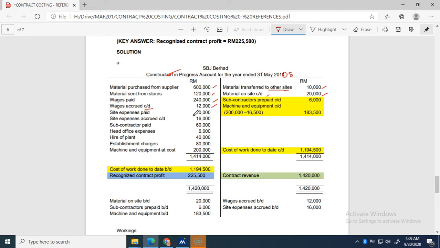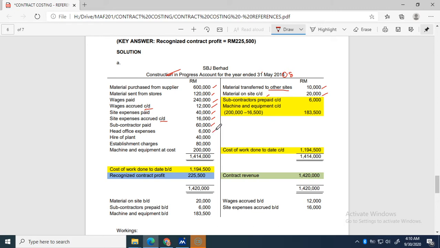And then site expenses paid is 40,000, also accrued as at 31st May. That means still not paid yet but incurred for the period, 16,000, so this is carried down. Subcon paid 60,000.